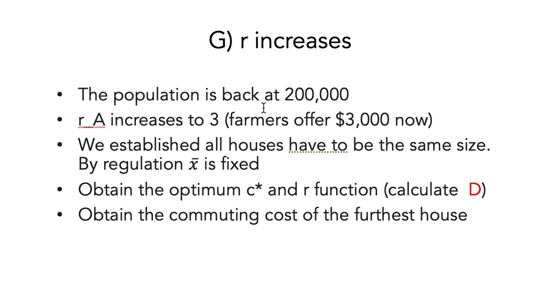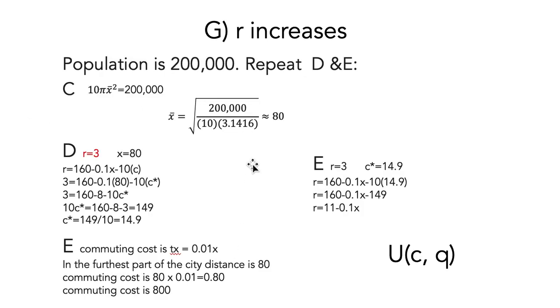We established already that all houses are the same size and X bar is fixed. Now we need to obtain the optimum consumption C star and the land rent function R. And finally, the commuting cost of the furthest house. So let's do this. First of all, the population is 200,000, and we know that the area of a circle is given by pi times r squared.